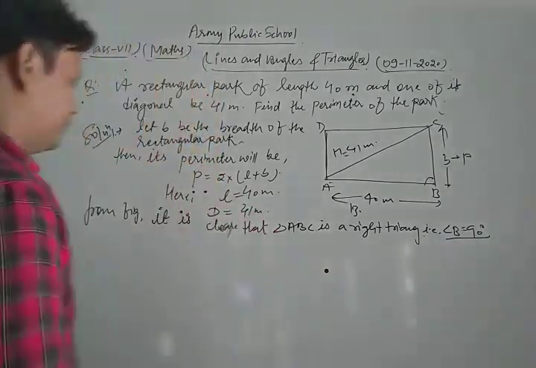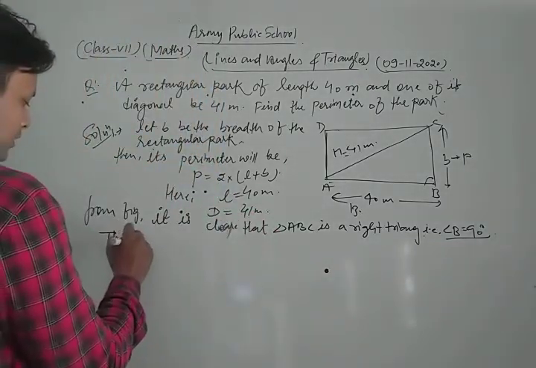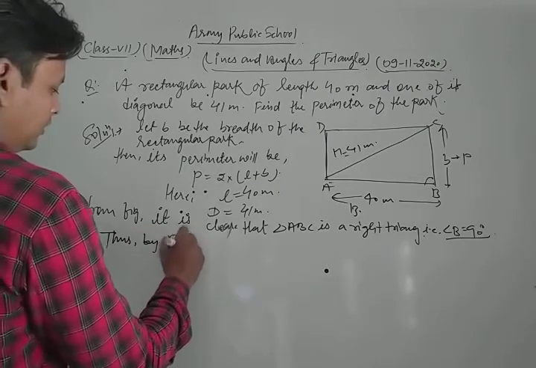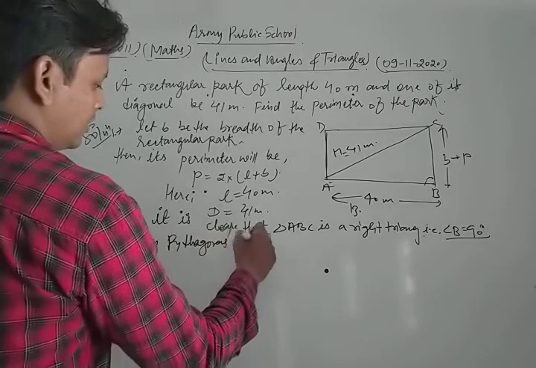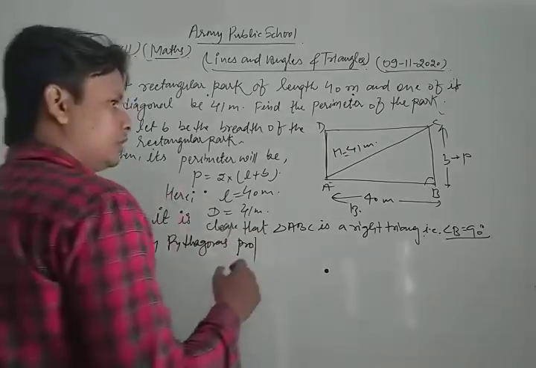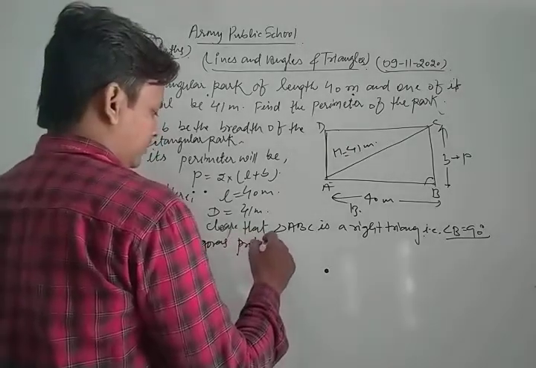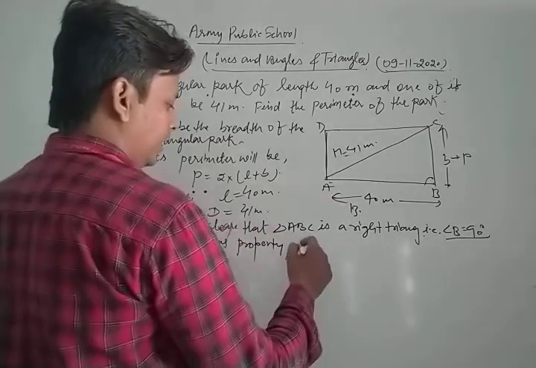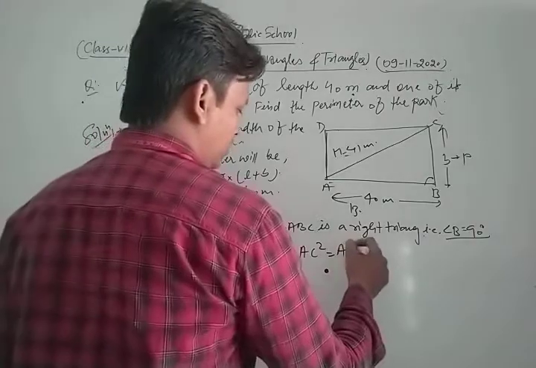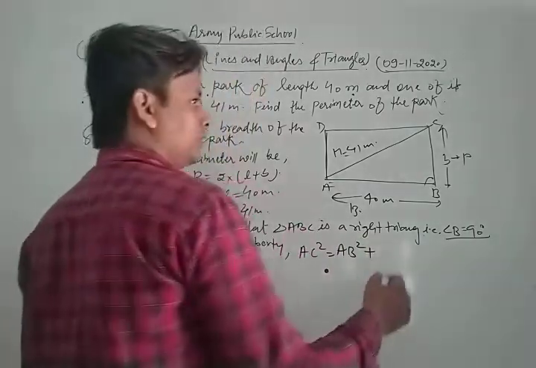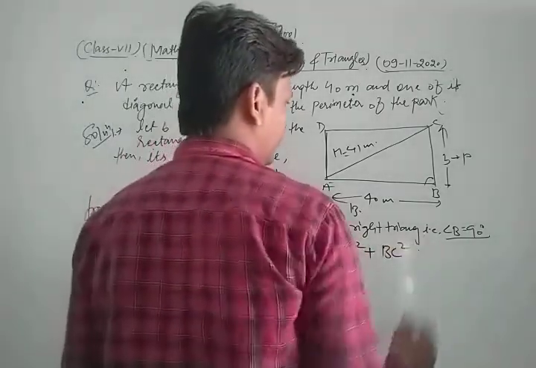Okay. Thus by Pythagoras property, we get AC square is equal to, this is the hypotenuse, AC square is equal to AB square plus BC square.